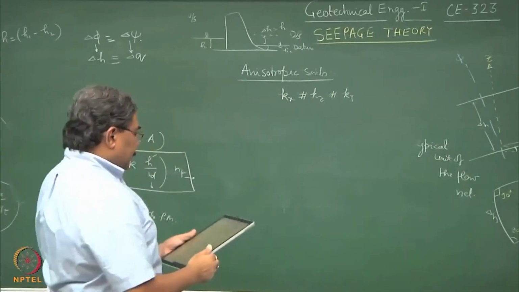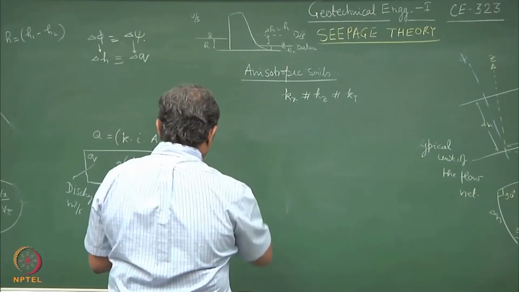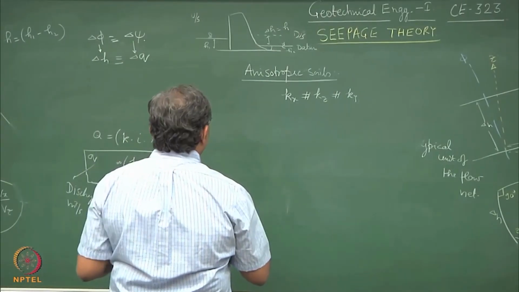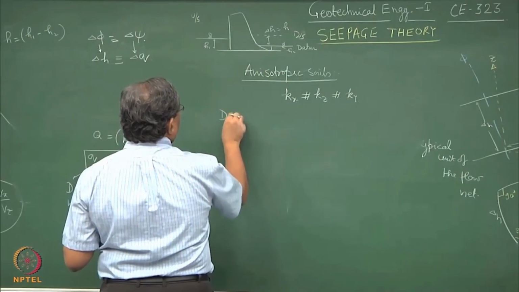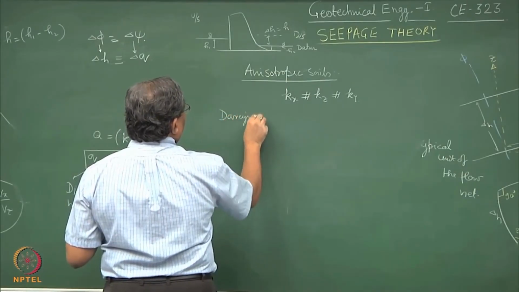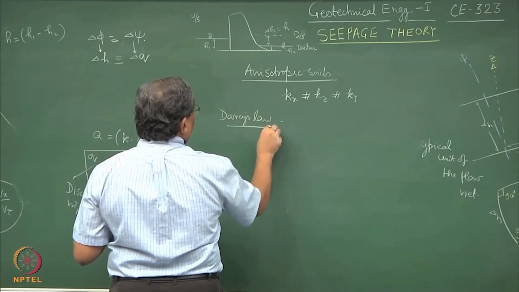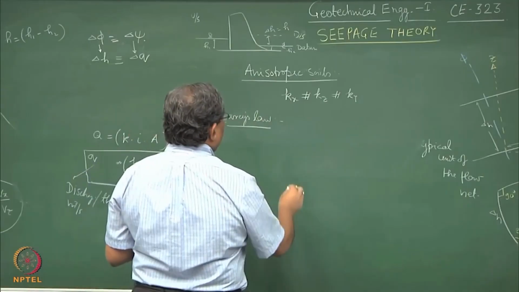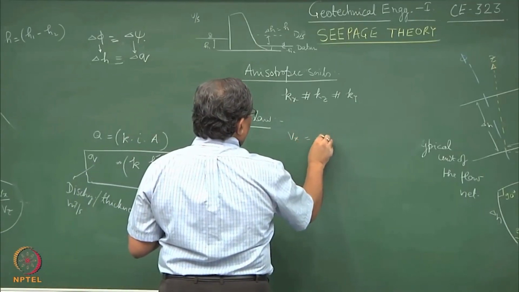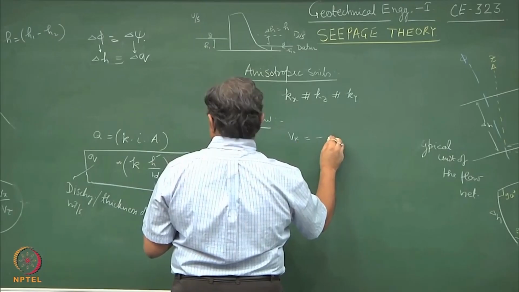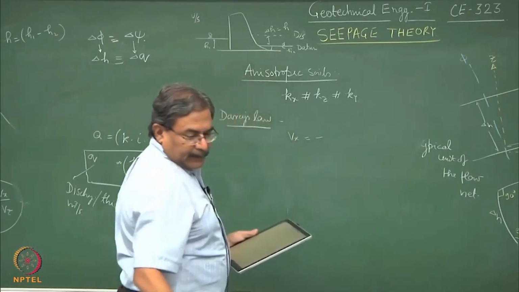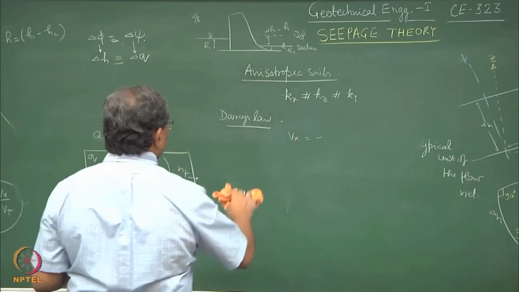But suppose if I still consider the two dimensional flow, I can use the Darcy's law. And I can say V x equal to minus k x. This is already written there, so I can use this function.